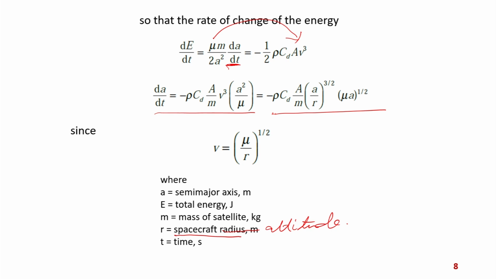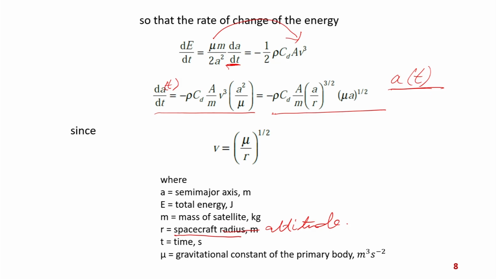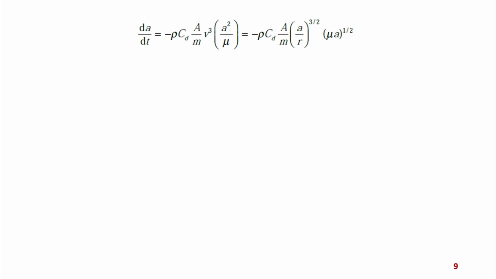Here we are able to do the derivation because the semi major axis is a function of time. Because of that atmospheric drag, the altitude or the semi major axis of the satellite is changing with time. That is why you are able to differentiate it with respect to time. And mu is the gravitational constant of the primary body that we have already seen. So now this expression we have derived.